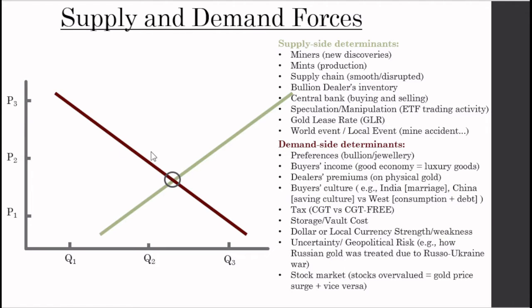It was around P2, but now it's around P1.6, let's say. So the price has decreased because there is a larger supply of gold, and the market will get balanced over time, because if the price decreases, buyers in the market are going to start buying more gold because it is now more affordable, following the law of demand, of course. So this is what would happen in an ideal scenario.